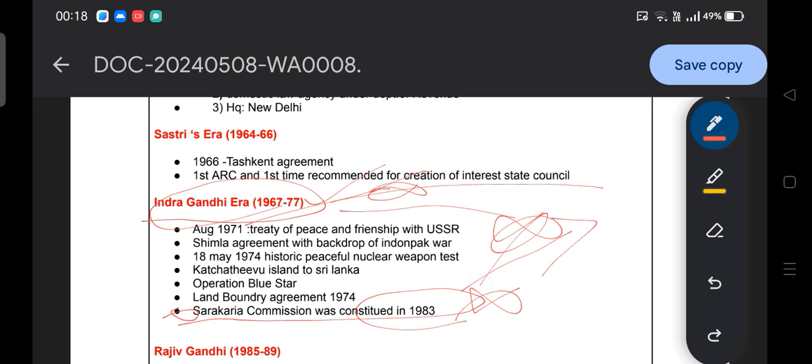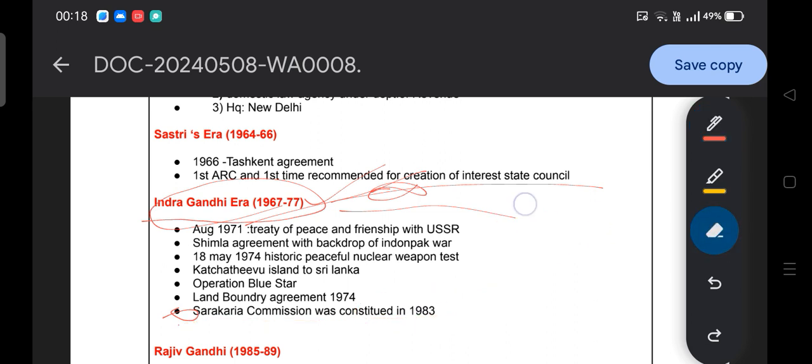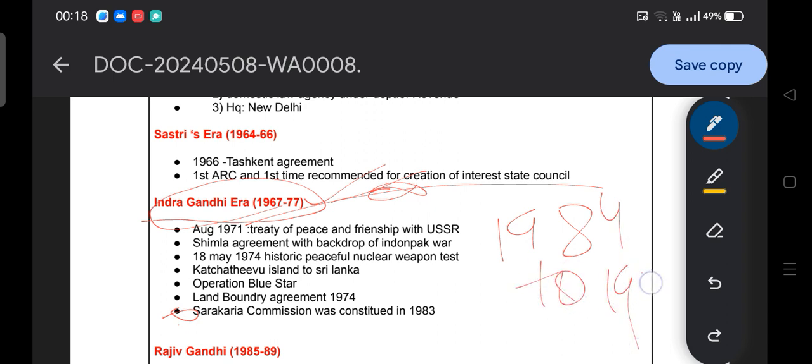You will ask me, sir, you told us the Indira Gandhi era was from 1967 to 1977. Yes, my dear students, but the Indira Gandhi government did not hold just one term; it had two terms. The second term is basically 1980 to 1984. So that is the Indira Gandhi era and the Sarkaria Commission.